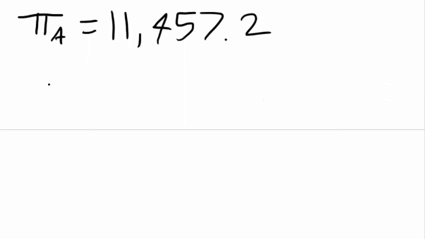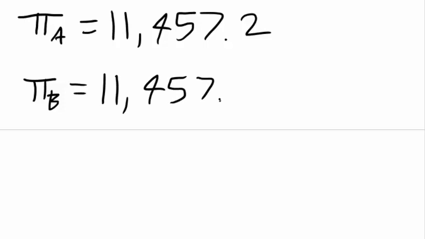And since both firms are splitting the profit 50-50, firm B will earn the same profit of 11,457.2. So the major thing that most will notice is these are much higher profits than the previous profits found in part 1, which were only about 6,164.